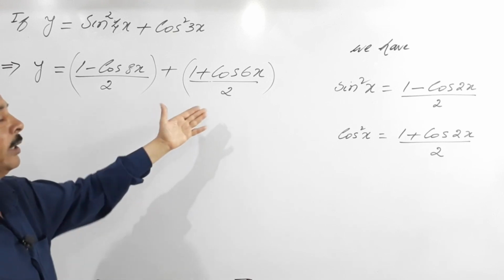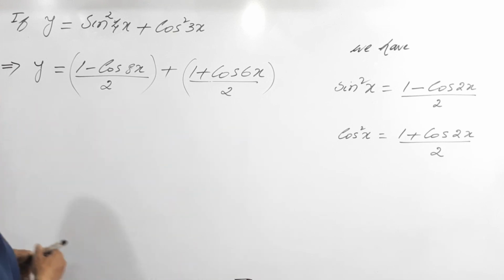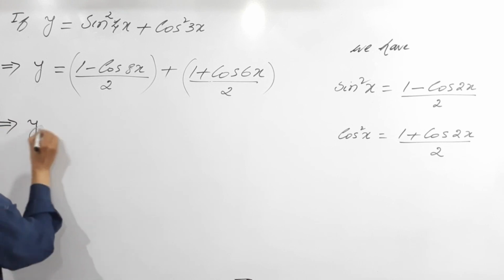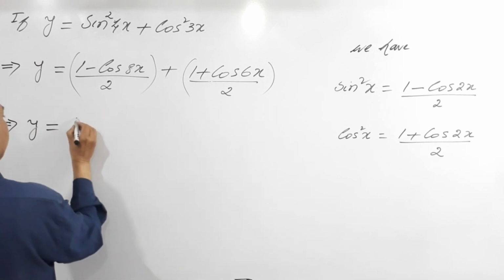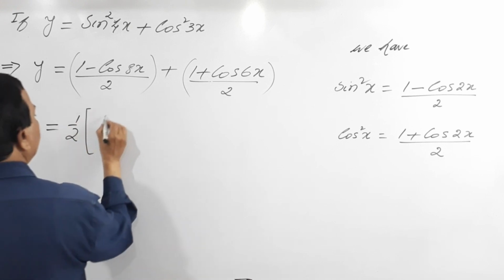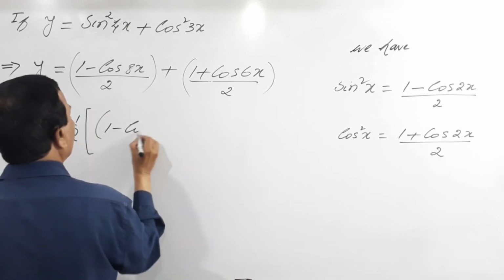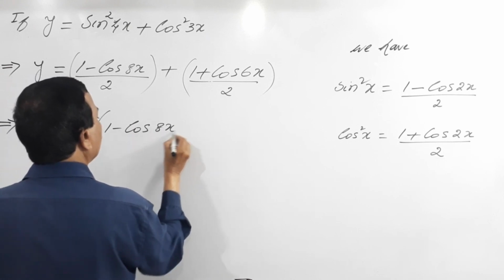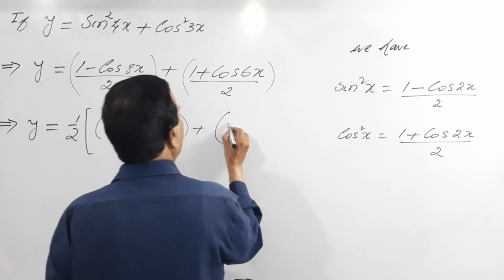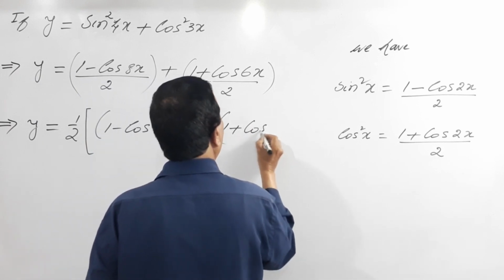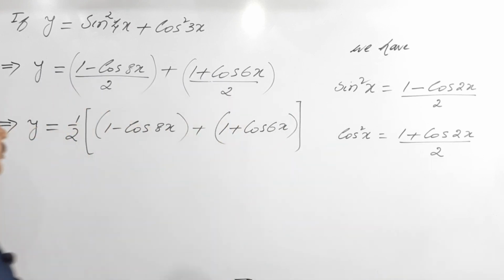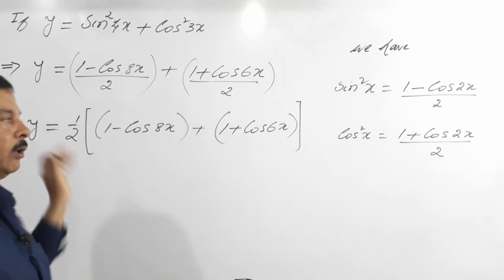What I will do, I will take 1 by 2 common. So y equals, I take this half common, so this becomes 1 minus cos 8x plus 1 plus cos 6x, because I have taken 1 by 2 common.